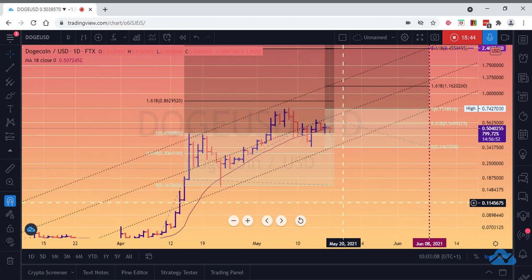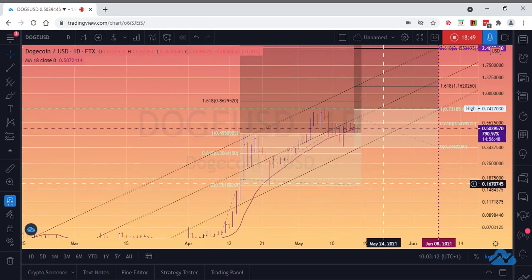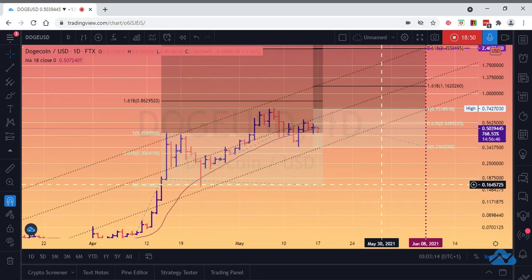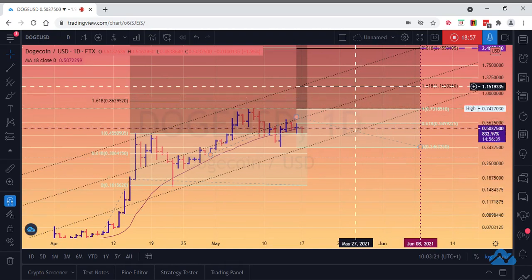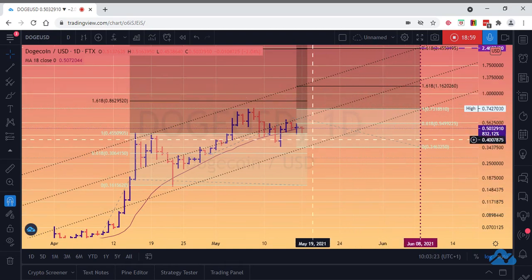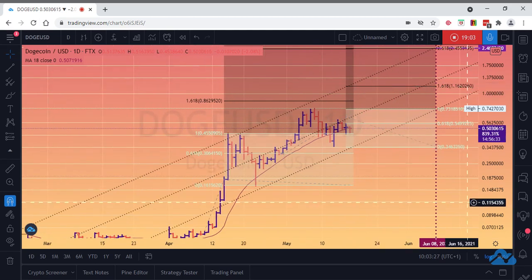It doesn't. It looks very, very tradable. It looks easier to trade than Bitcoin, doesn't it? Very, very tradable. So, what is next? I think we hit $1, $1.16.